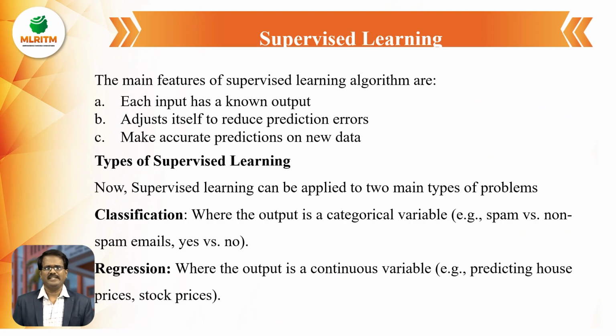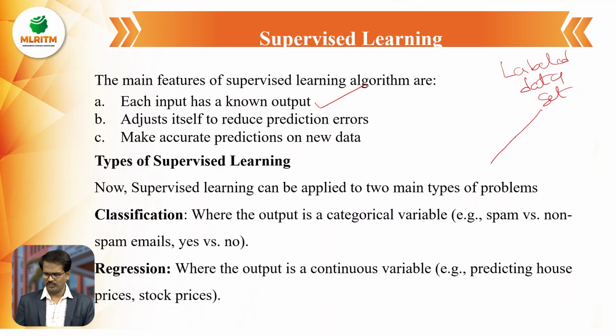Next, what are the main features of the supervised learning algorithm? Each input has the correct output. We call it a labeled data set. In every labeled data set, the input must be mapped with the correct output. There is an input and output.